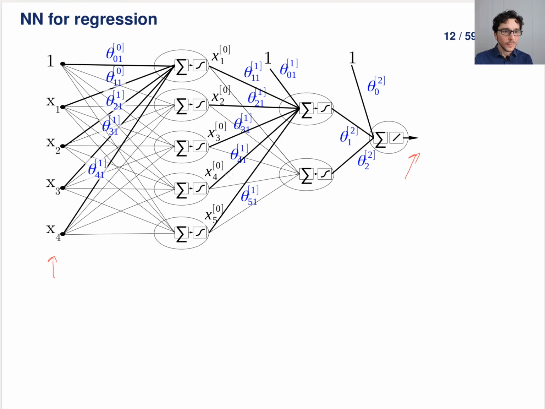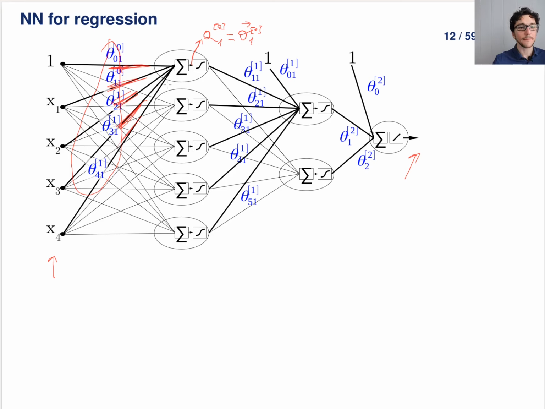So first, let me go slower. First you compute the weighted input, that in this case is A of layer 0 of the first neuron, which is the scalar product between the vector of weights entering neuron 1 in layer 0, multiplied by the input vector, which is this other vector here.